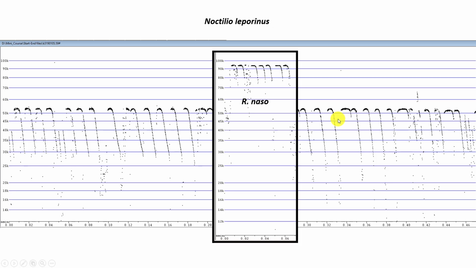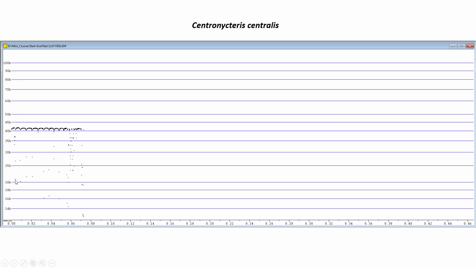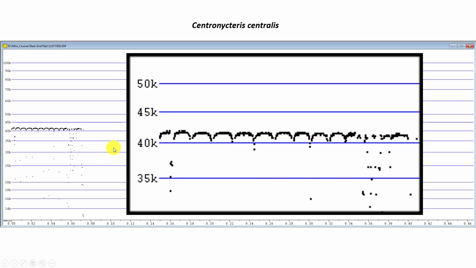That's a whole different topic. Here's our friend that we just looked at, the upside down hoop shaped calls, which are characteristic of emballonurids. This is Centronycteris centralis. Very distinctive, closely spaced, similar shaped pulses, all at the same frequency.